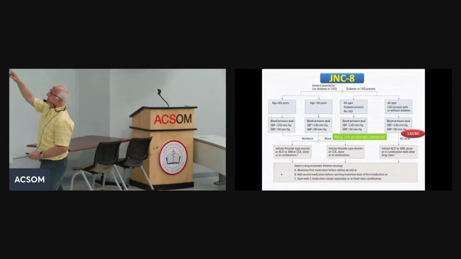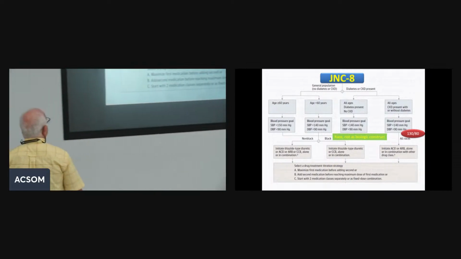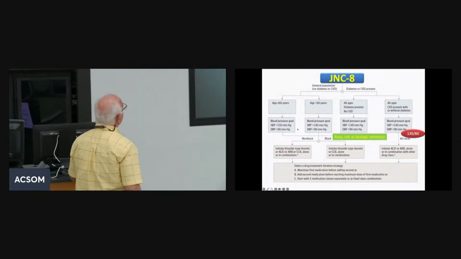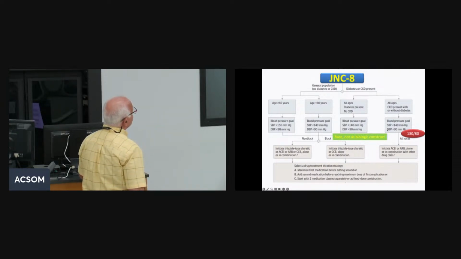So if you look at JNC 8, so far I had shown you only the part that was the diagnosis. We had looked at the whole thing until here. Now they say for all the patients on this side who have CKD or diabetes, always start ACE or ARB.